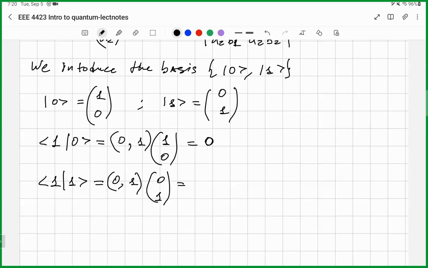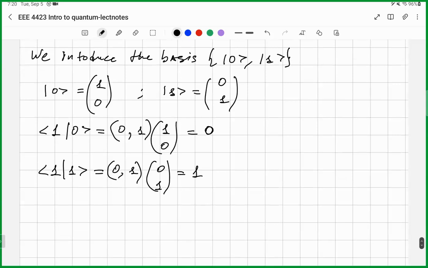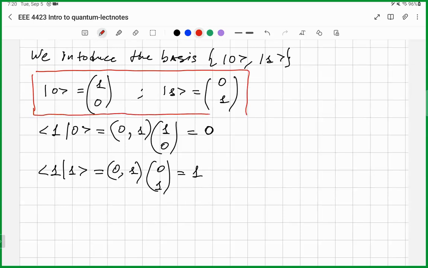So 0 times 0 is 0, 1 times 1 is 1. So the answer is 1. So indeed, these vectors 0 and 1 are orthogonal and normal, which means their length is 1. So we can use these vectors to represent any vector in the two-dimensional Hilbert space.